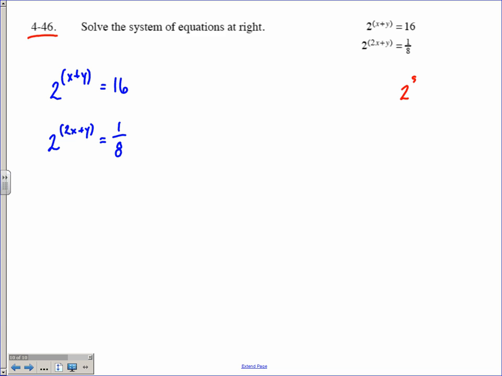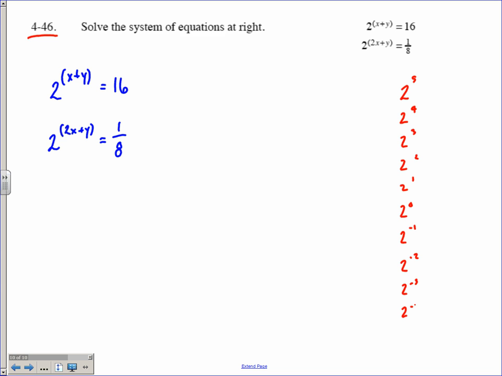So I'm going to say 2 to the 5th, 2 to the 4th, 2 to the 3rd, 2 to the 2nd, 2 to the 1st, 2 to the power 0, 2 to the negative 1st, 2 to the negative 2nd, 2 to the negative 3rd, and so on.